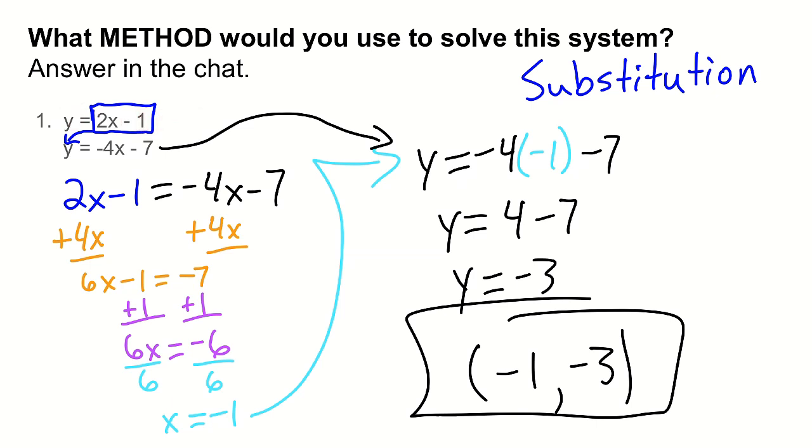I just did a quick check without writing anything down. So if we plug in -1 here, this is going to be +4. So 4 minus 7 is -3, and that checks as well. And that will be the only coordinate point that works for both of them.